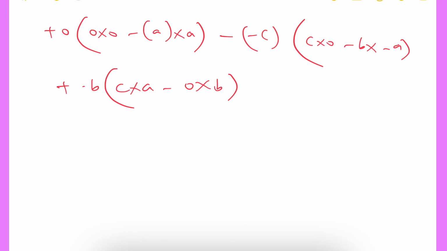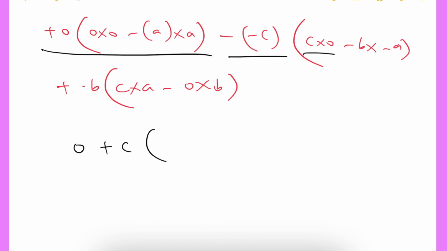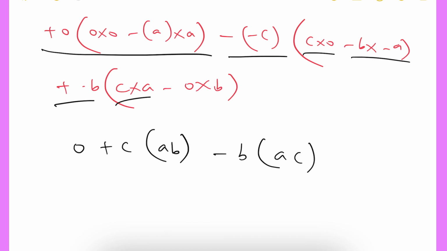This total is 0 into anything, which is 0, so I don't have any work with that now. Next, minus into minus, plus C into 0, 0, no need. Minus B into minus A, AB. Next, here plus into minus B into A into C, AC. Minus 0 into B, I don't have any work because it is 0 only.